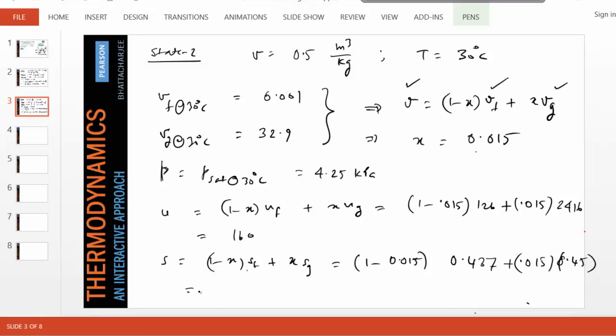And if you do the math, entropy turns out to be about 0.56.